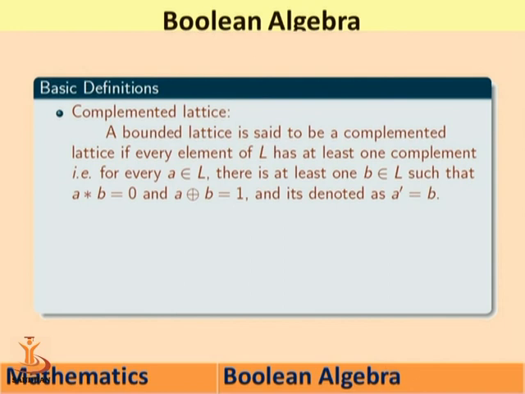Let me clarify that 0 and 1 are not the usual ones. 0 means the GLB of lattice L and 1 is the LUB of lattice L. So for a complemented lattice we need a bounded lattice because we need 0 and 1. The definition says A star B equals 0 means the GLB of A and B is 0, and the LUB of A and B is 1.